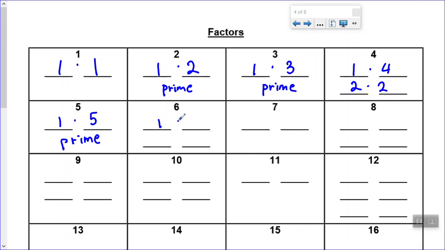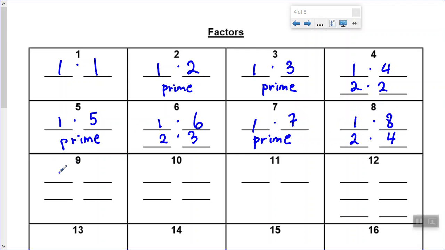6 is 1 times 6. Always 1 and the number. 2 times 3. If you are not sure, you can look at the multiplication table and see 6 is a product of 2 and 3. 2 times 3 makes 6. 7 is 1 times 7, so this is a prime number. 8 is 1 times 8, and it's an even number. 2 times 4.